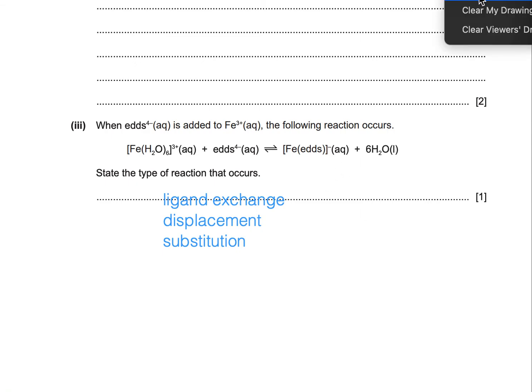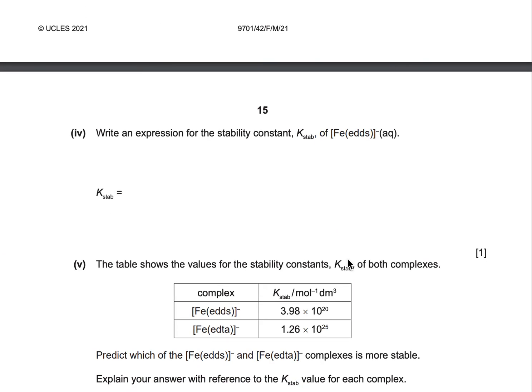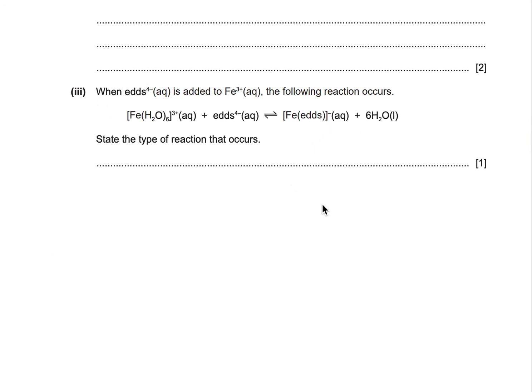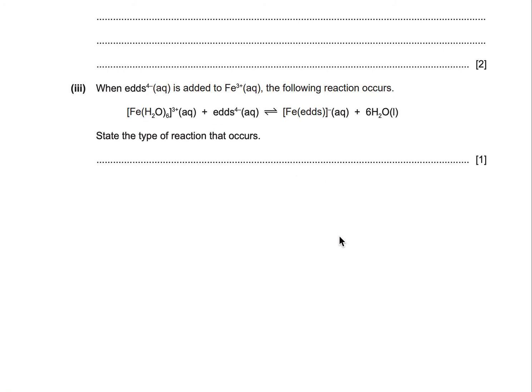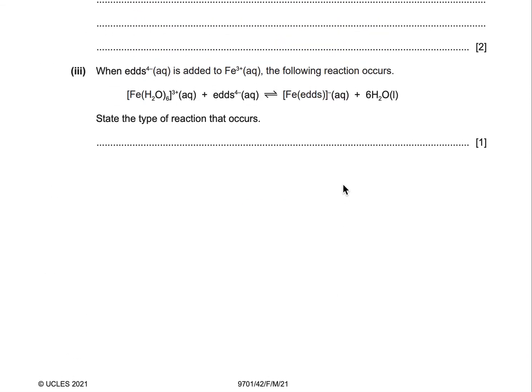Now moving on. We need to write an expression for the stability constant K stab of FeEDDS. How do we write the stability constant? We write products over reactants, right? But we don't mention H2O.